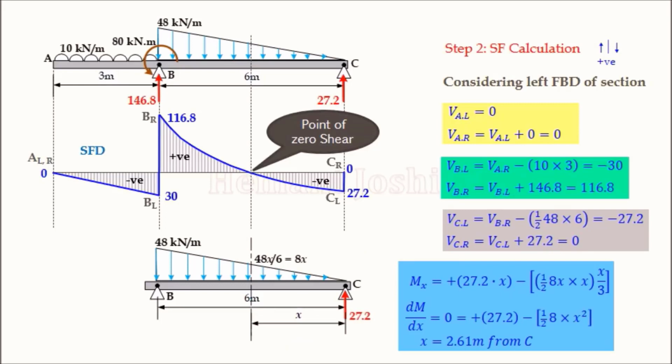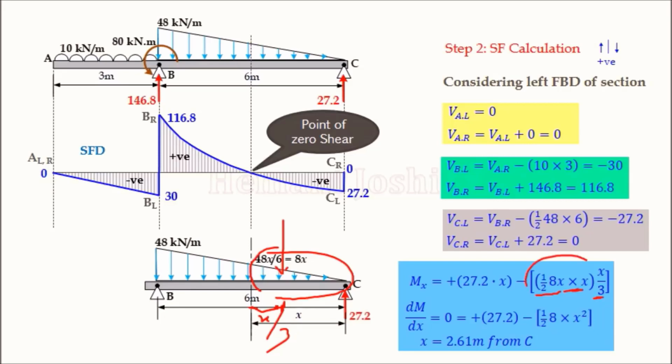Now the moment of the triangular load. This is the triangular load. The triangular load acts downward at 1/3 from the 90 degree angle, so from this end it will be X by 3. This distance is X by 3. The triangular load is 1/2 into intensity into base. So 1/2 into intensity 8X and base X, acting at X by 3 distance.